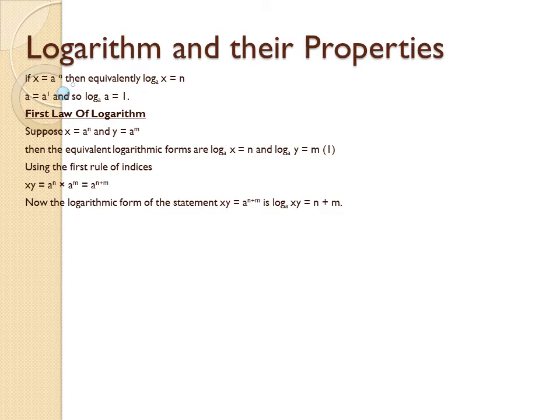Now the logarithm form of the statement xy equals a to the power n plus m is, thinking of xy as x in the first line, log to the base a of xy equals n plus m. But we have already deduced in equation 1 that n equals log x to the base a and m equals log y to the base a.